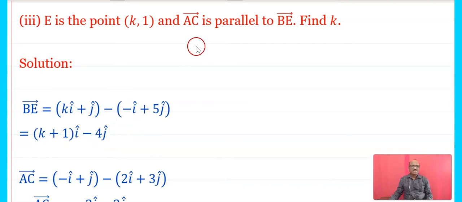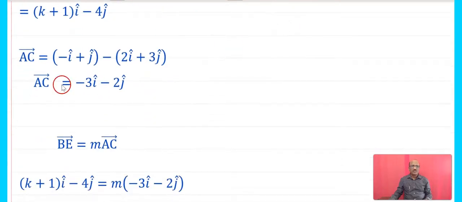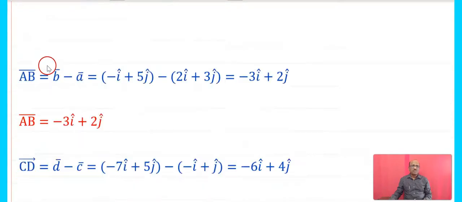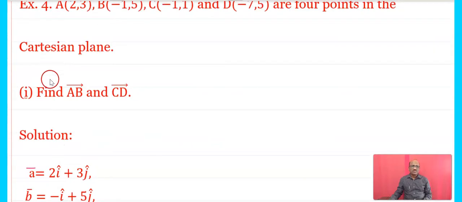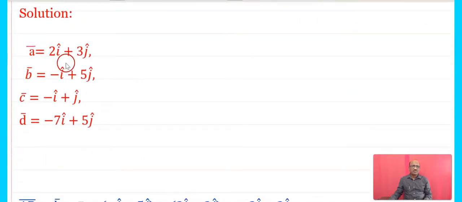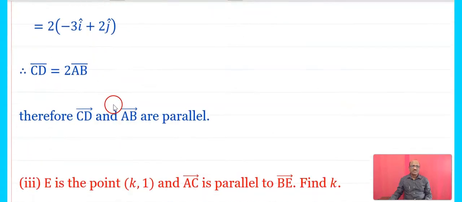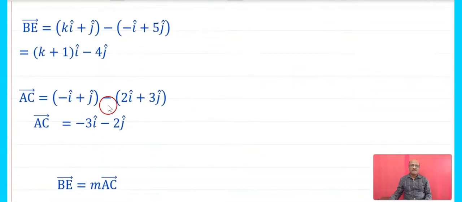Next, AC bar is parallel to BE bar. Now for AC bar, we know the position vector of A bar is 2i cap plus 3j cap, and C bar is minus i cap plus j cap, and therefore AC bar is equal to, in bracket, minus i cap plus j cap minus 2i cap plus 3j cap.